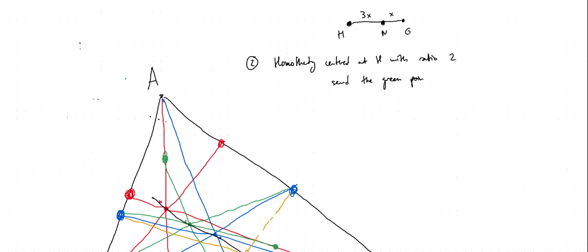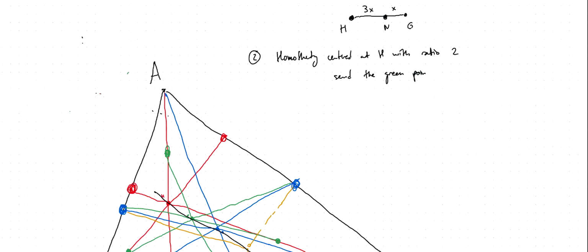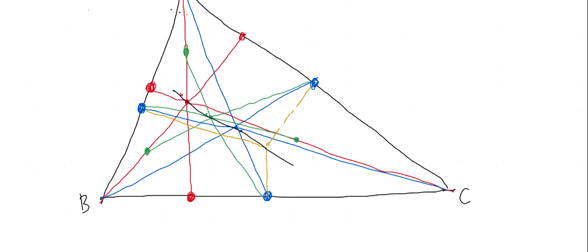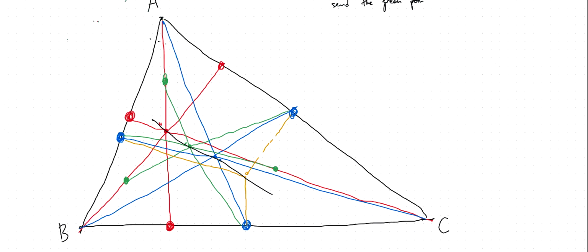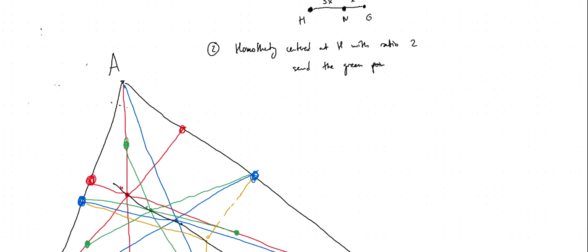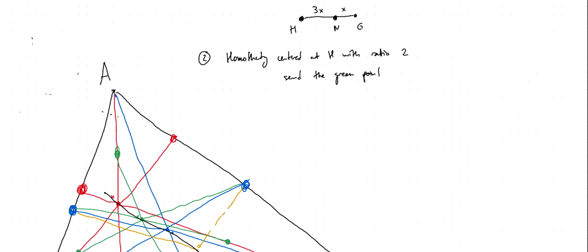Because the green point is the midpoint of AH, and this green point is the midpoint of BH. So when you multiply by 2, it goes to B. When you multiply by 2, it goes to C. This means that the circumcircle of the green points, which is just the 9-point circle, since it passes through all of these, goes to the circumcircle of the triangle. It sends the green points to the vertices.